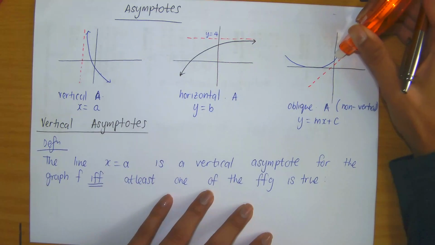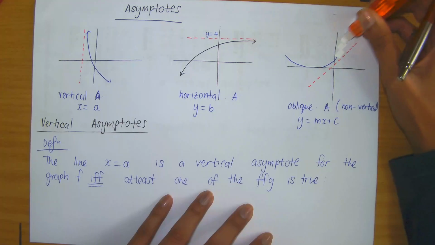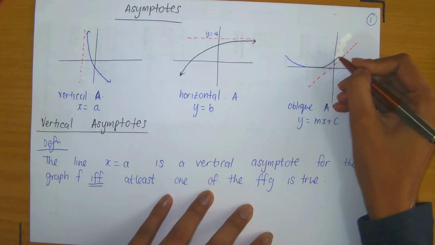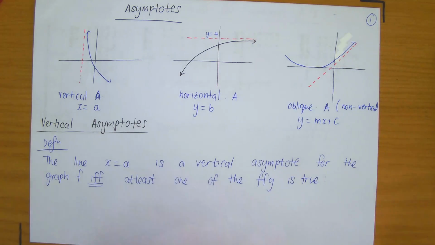Sorry, that was my hand moving in the wrong direction, so let me just do that properly. Right, so it approached y equals mx plus c but has not touched it. So these are three very generic examples, just simply displaying to you vertical, horizontal and oblique.